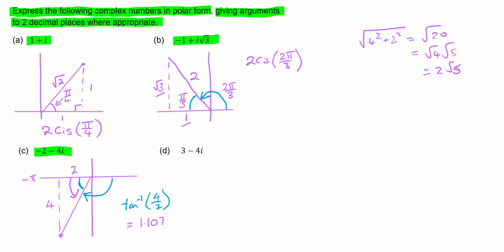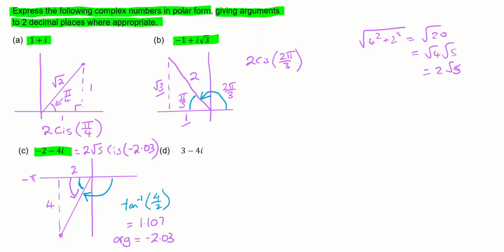So -pi add 1.107 gives us the argument would be -2.03 radians. And so this complex number is 2 root 5 cis -2.03, giving that to 3 significant figures.